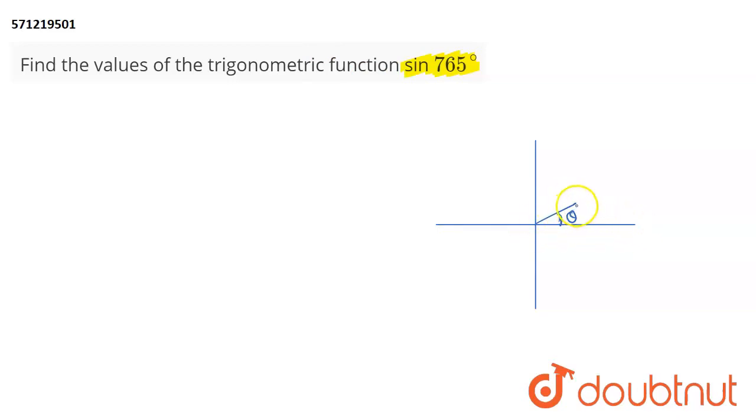If I start at this point and move by 360 degree, I'll come back to the same point. That is, whatever the value of sine theta is, the value of sine 360 degree plus theta will also be the same.